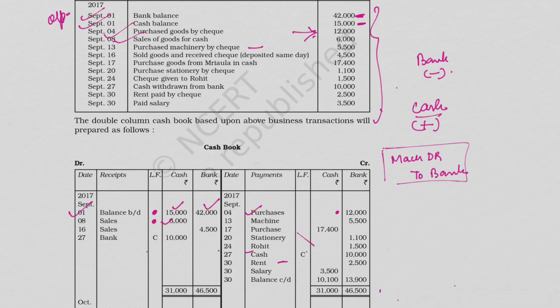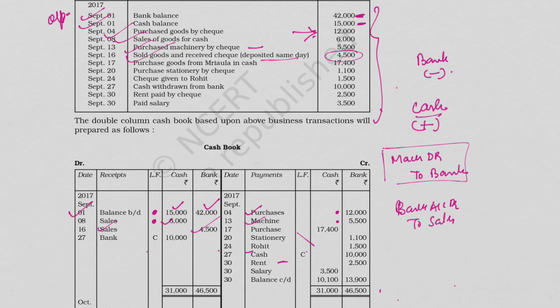So on the credit side, we'll write by machine 5,500. Sold goods and received check deposited the same day, rupees 4,500. So we have deposited the check. The entry is bank account debit to sales. So on the debit side, we'll write to sales 4,500.